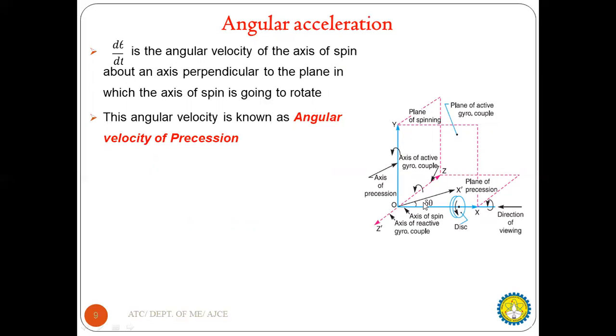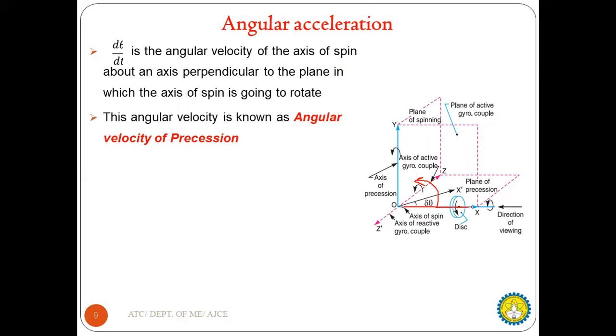After a small time, it is represented as d theta. So it will rotate like this about the OY axis. Then d theta by dt is the angular velocity of the axis of spin.